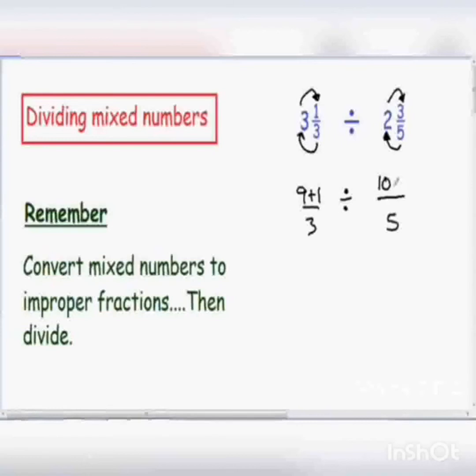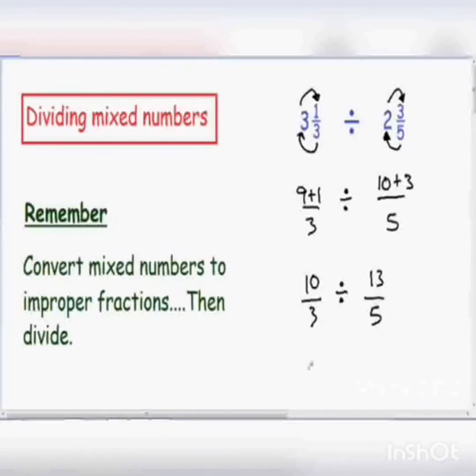Then we add that result to the numerator, which is a 3. So we try to simplify this. So 9 plus 1, we get a 10 over 3, divided by, we add the numerator of the second fraction, which is 10 plus 3, that's a 13, over 5.